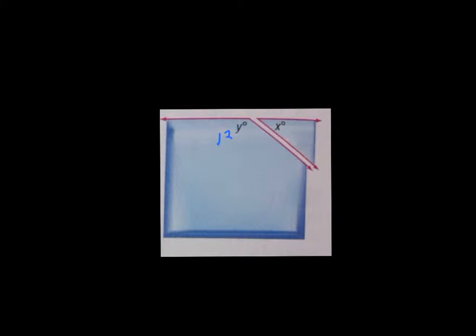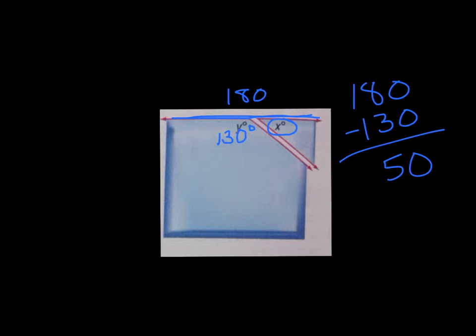Let's say that we know that the measurement of this angle is 130 degrees. Now, right here is a straight angle, and I know a straight angle is 180 degrees. So if I wanted to find the measurement of x, I could just do 180 and subtract 130 degrees, and I would get 50 degrees. So I know that x would be 50 degrees.